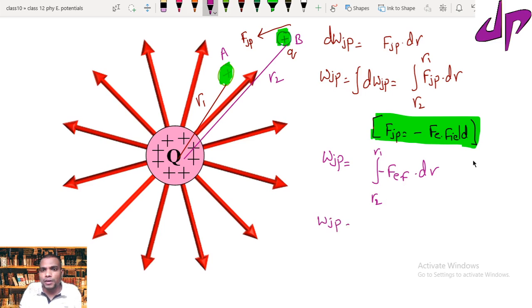Now we know the force that exists between them, the Coulomb force. So the integral from r2 to r1 of the Coulomb force, KQq upon r square times dr, with the negative sign.